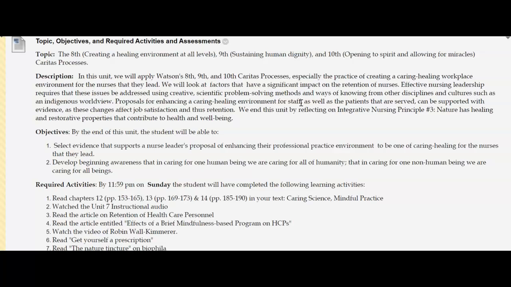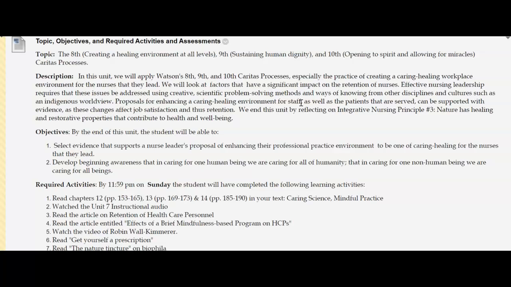We're going to apply all of Watson's Caritas processes in our final course reflection, but for this learning unit we are looking at 8, 9, and 10, especially the practice of creating a caring, healing workplace environment for the nurses that we lead.